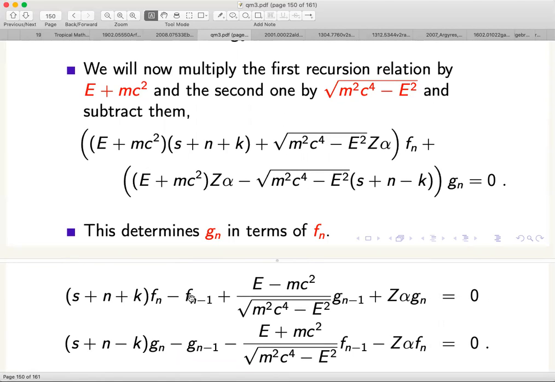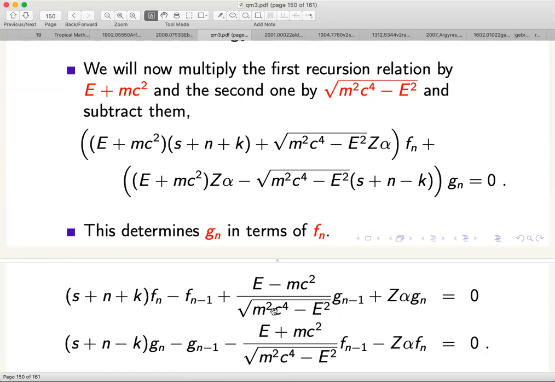You have e plus mc squared multiplying this piece also. If you multiply by this in the second piece, then you get e plus mc squared times fn minus 1 here also. So what we are going to do is multiply and subtract the second equation from the first equation. Both of them have a minus sign, so this term cancels with this fn minus 1. You can check that gn minus 1 also would cancel.